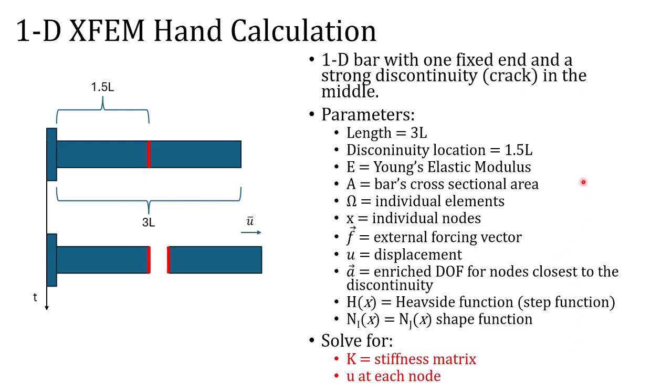The goal of this calculation is to solve for K, the stiffness matrix, at each element, and then the combined stiffness matrix, and then to solve for u at each node.